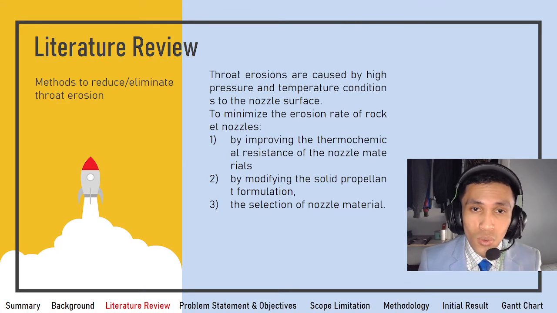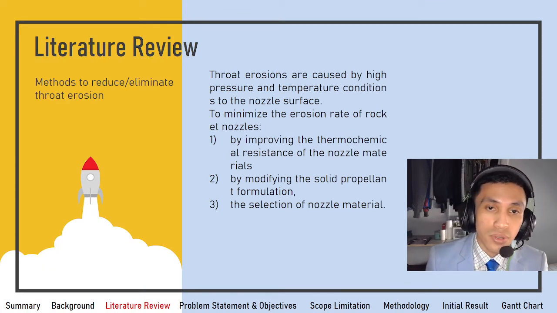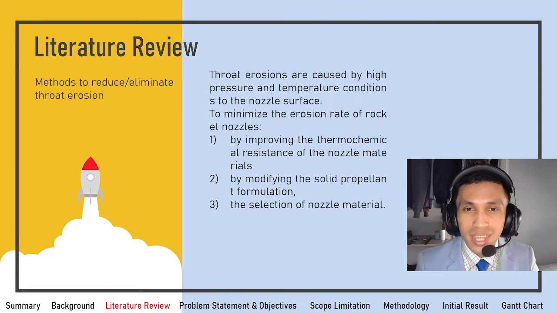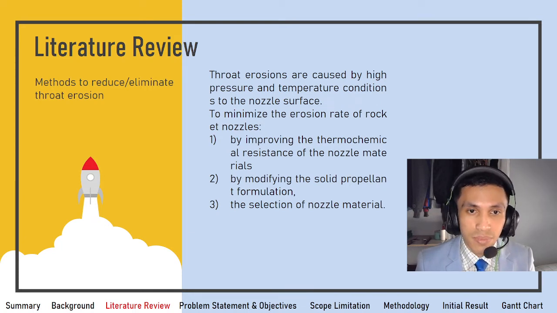Speaking of which, what are the methods to reduce or eliminate throat erosion? Throat erosion is caused by high pressure and temperature conditions, including convective and radiative heating of the nozzle surface, and gas phase oxidizing chemical species diffusing from the core flow region to the nozzle surface, and many more.